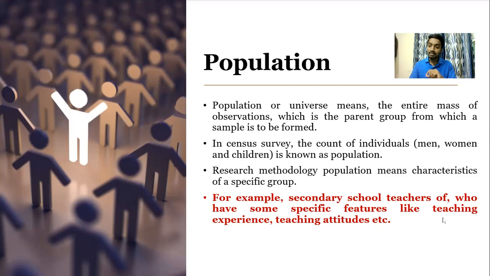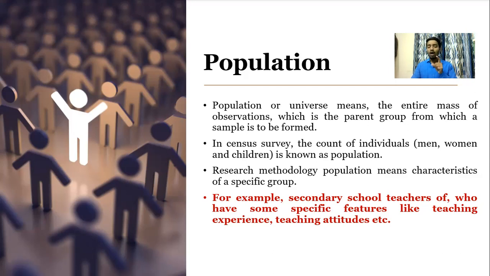The population has different meaning in different situations, based on the area it has been used, whether it's a census survey or a research. So you should be very careful while defining a population. You should be clear and specific about who your population is and what their characteristics are.